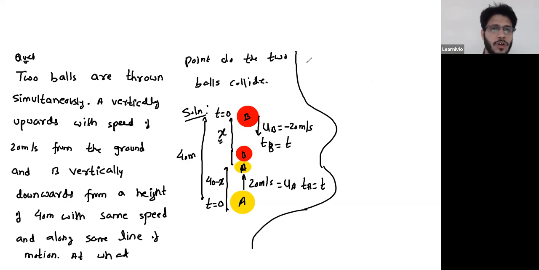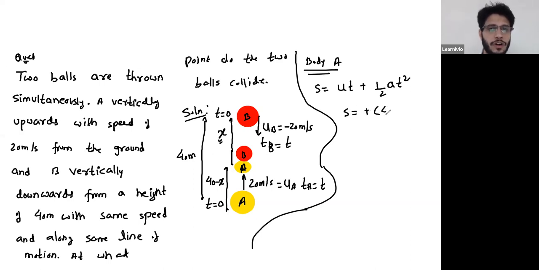Let's solve first body A. For body A, let's use this equation. S is ut plus half at square. So body A, S is positive 40 minus X because body A is going upwards. The initial velocity of body A is plus 20 meter per second.